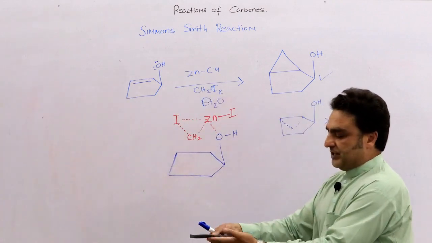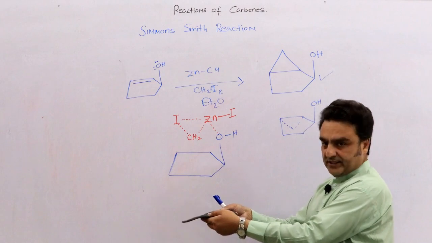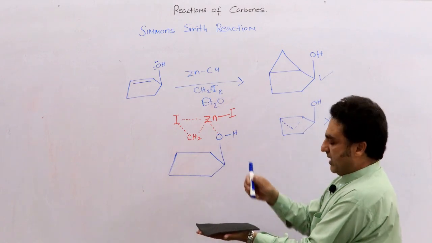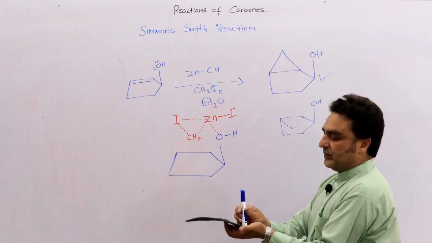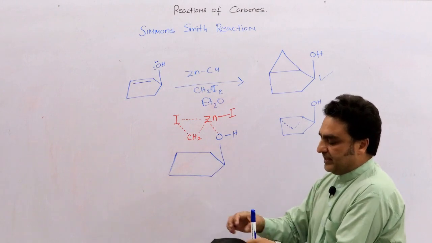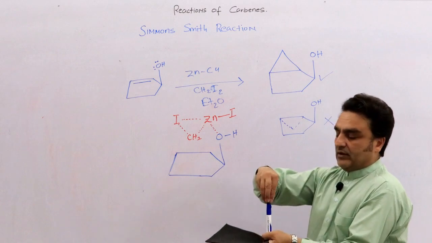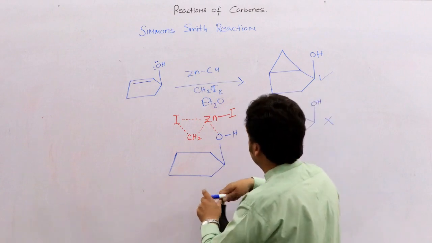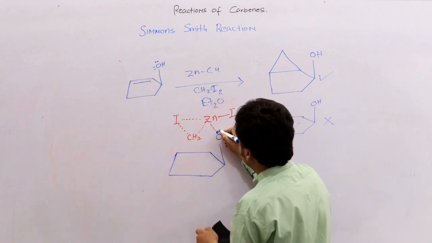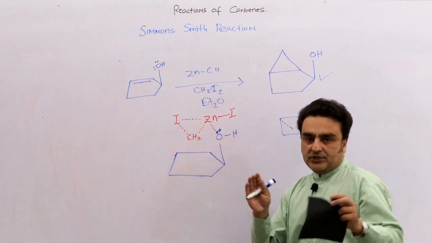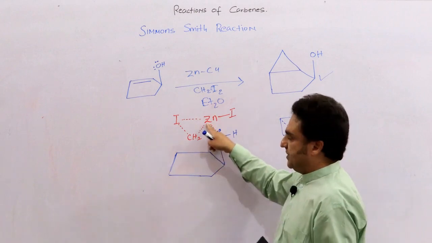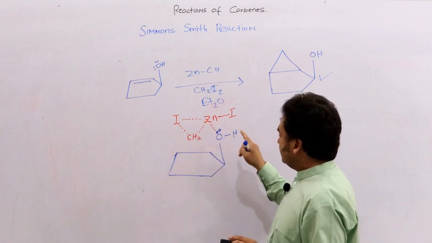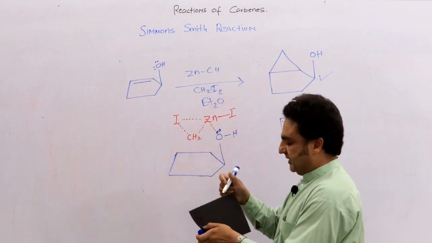So suppose this is a cyclopentane. It's like this, it's a cyclobutane, but assume this is the OH group, and this is the double bond. Now the zinc will chelate with this, because the lone pair of oxygen will form a sort of coordinate covalent bond with the zinc, because the zinc has empty orbitals, and now it is held in this position.